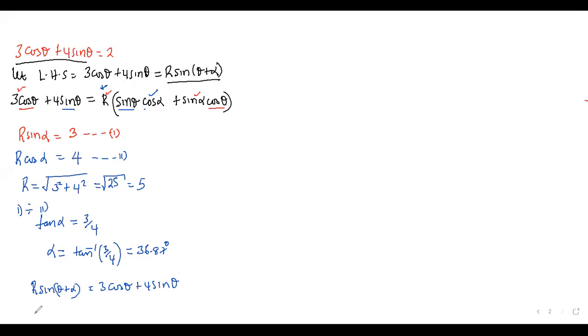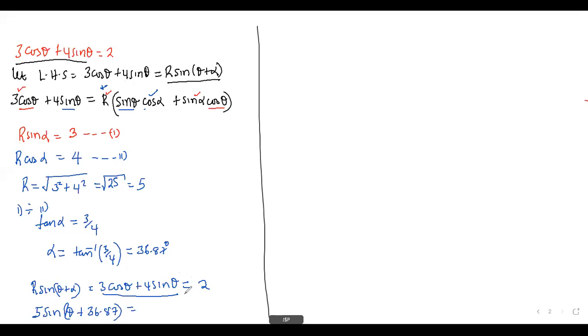So I'll substitute my R, which is 5, sine of theta plus alpha, which is 36.87. The whole of this is equal to this expression. But that expression was equivalent to 2 as per the question. Therefore, this is going to be equal to 2.